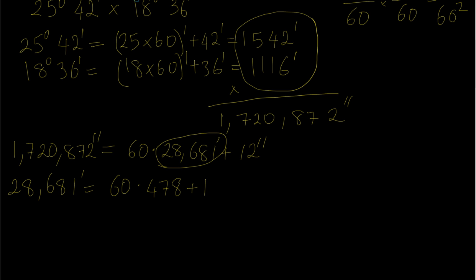So here, the remainder is the same unit as the number that we started with, but the quotient is 1 unit higher, or 1 order higher. What is this? If you go 1 order higher from minutes, you get degrees, right?